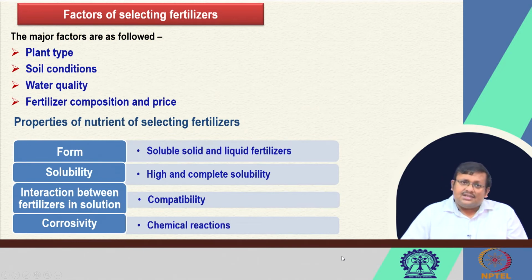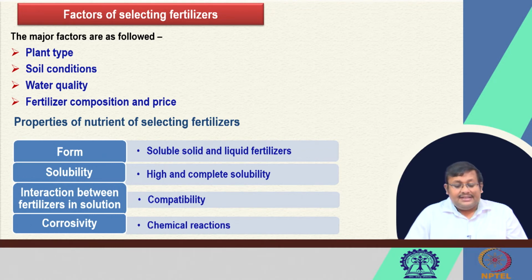Now, what are the factors which control the selection of fertilizer for fertigation? The major factors are plant type, soil conditions, water quality and fertilizer composition and price. So, these 4 to 5 factors are the determining factors for selecting the fertilizers for the fertigation method.